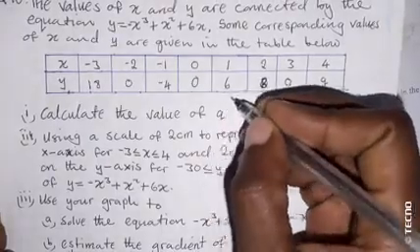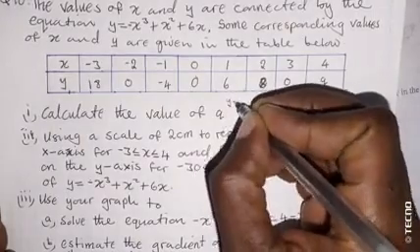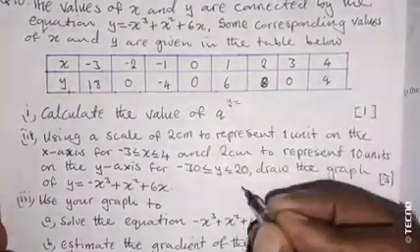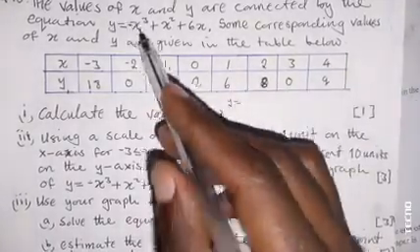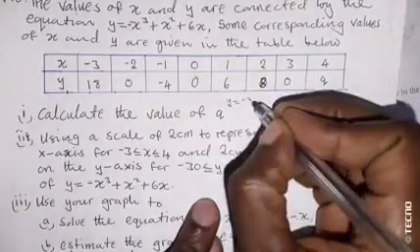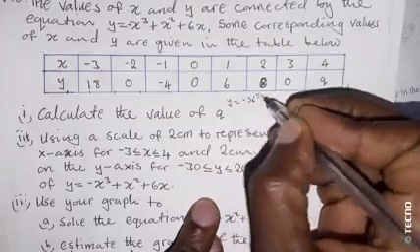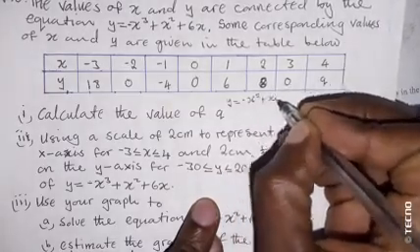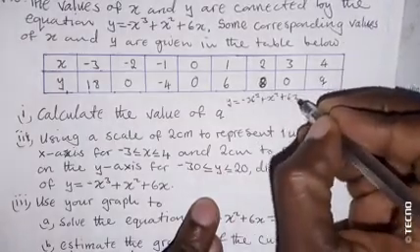So now to calculate the value of q, I will use this space here. We have y is equal to negative x to the power 3 plus x squared plus 6x.